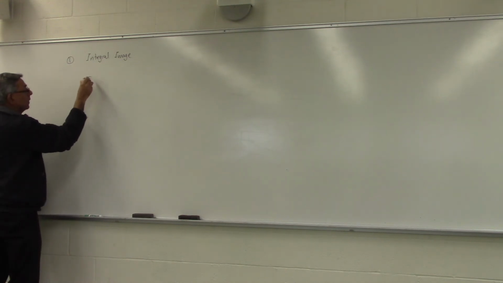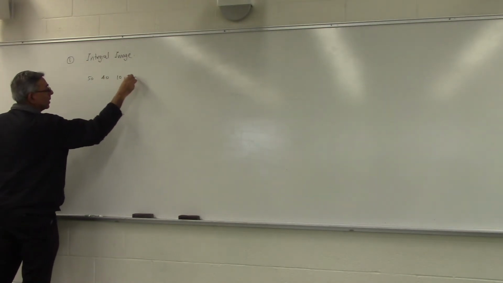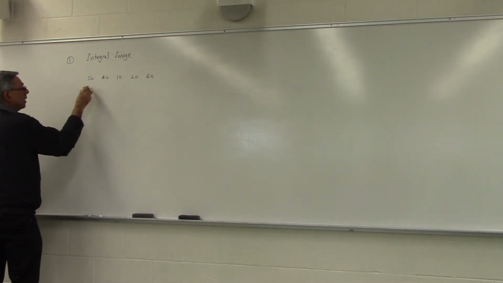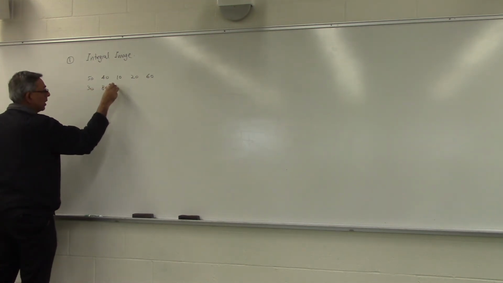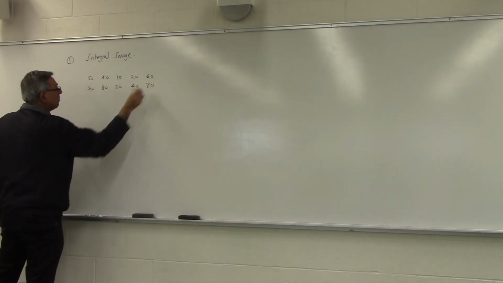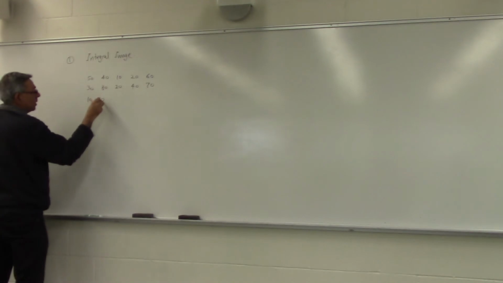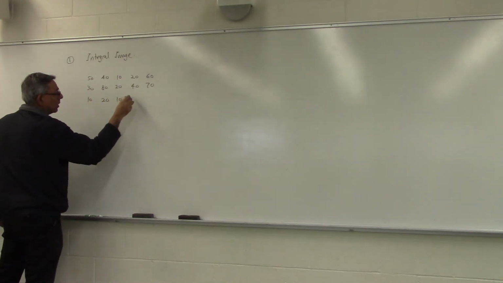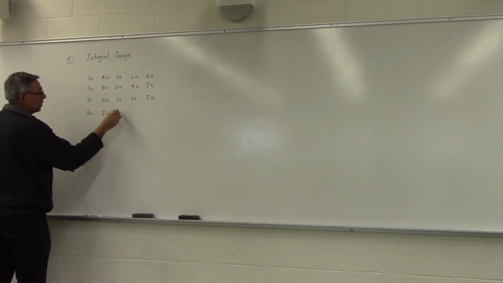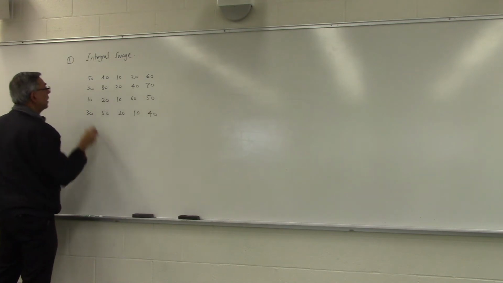Let's say we have an image, and to make it easier, let's take a look at grayscale. So pixel values are 50, 40, 10, 20, let me make it 60, 30, 80, 20, 40, 70, 10, 20, 10, 60, 50, one more, let's say 30, 50, 20, 10, 40, okay, and so on.